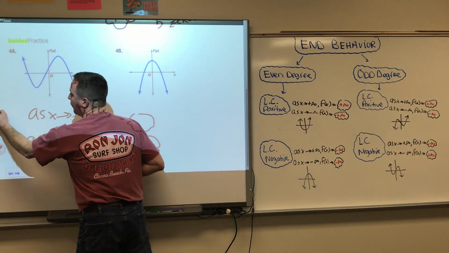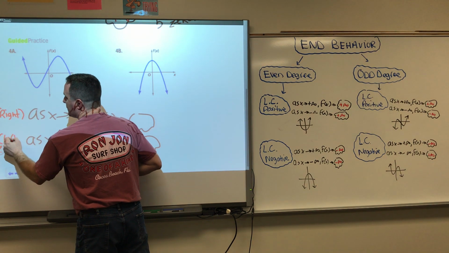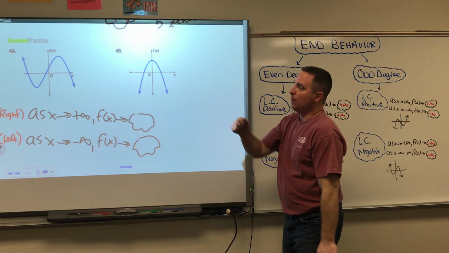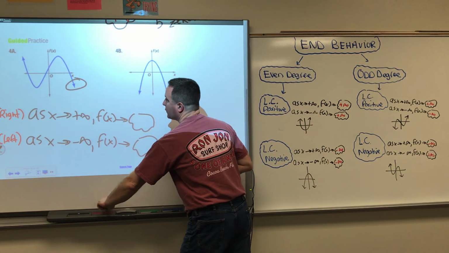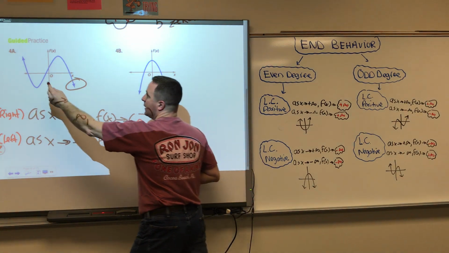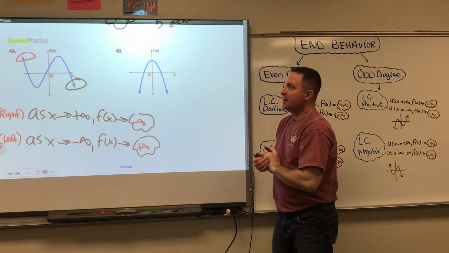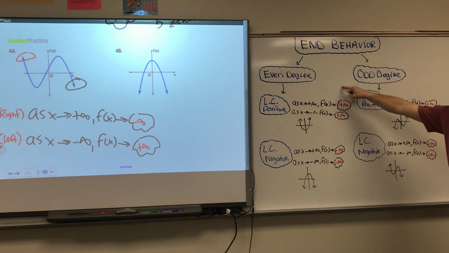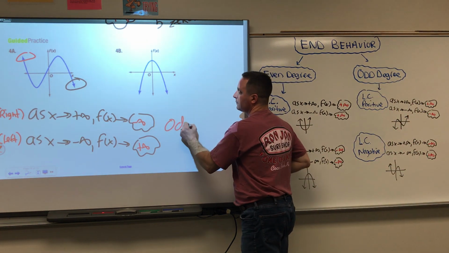We need to describe, once again, that this means as I'm going right, and this means as I'm going left, and I want to see that notation. So in the one on the left, as I go to the right, that guy's going down to negative infinity. As I go to the left, that guy's going up to positive infinity. They're going opposite directions. Opposite is an odd degree polynomial.